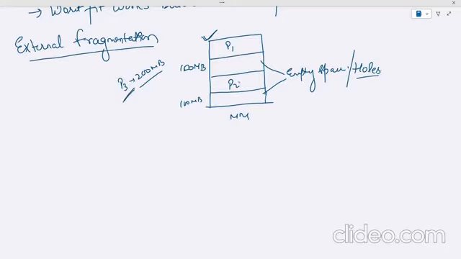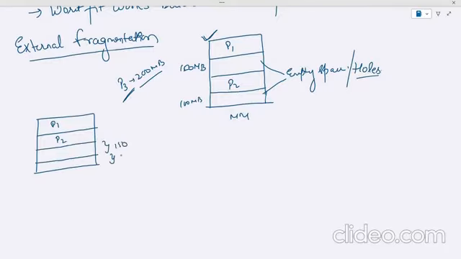But what happens if the empty spaces are placed on one side and all the filled spaces on one side? What if P1 is allocated like this, and just after P1, P2 is allocated, and these two blocks are here, 150 MB and 100 MB. Now P3 comes, and because it's dynamic or variable partitioning, we can adjust the blocks.